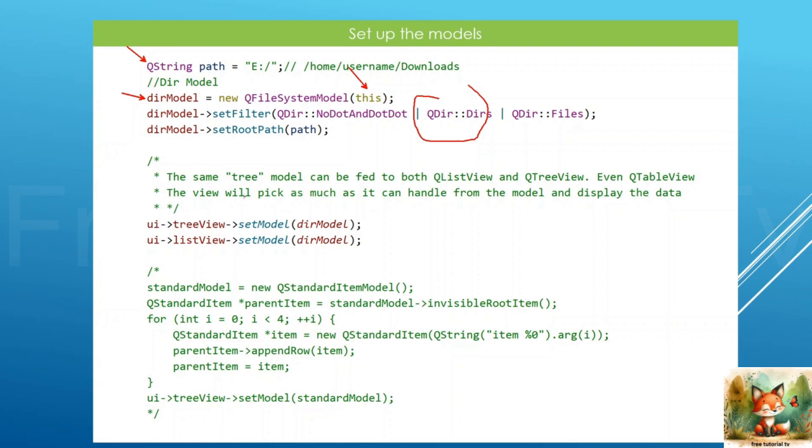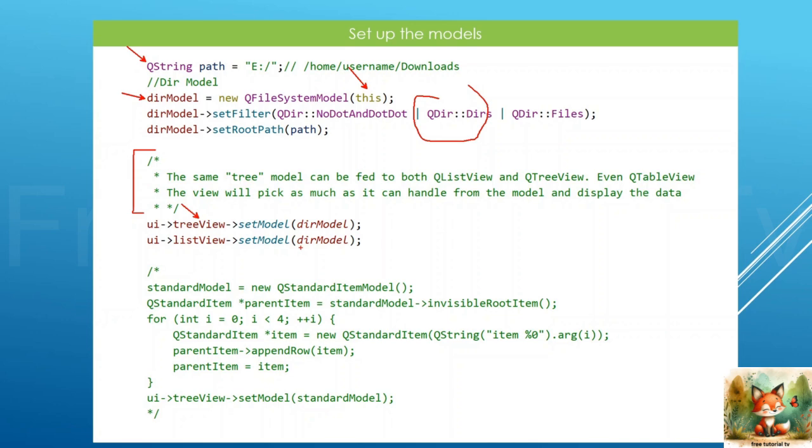Now, another thing I want to show is that the same tree model can work on a list view and QTreeView. That's what we do here. You see, we are taking our tree view and telling it to display our dir model, which is really a tree model. But we can also tell the list to display the same model and see what happens. Because of the good design in the QAbstractItemModel API, it doesn't really matter which model you plug into the view.